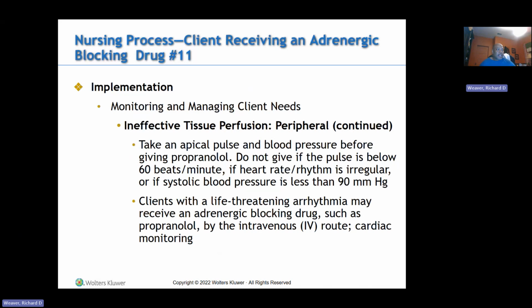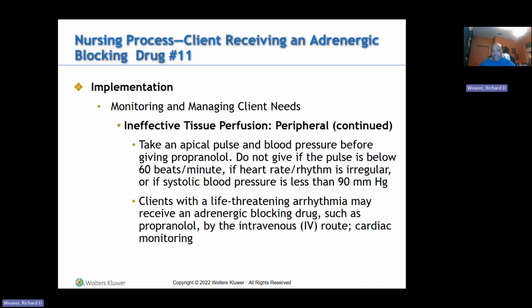Of course, if the heart rate is less than 60, and if the heart rhythm is also irregular, or even if the systolic blood pressure is less than 90, we do not want to give it.